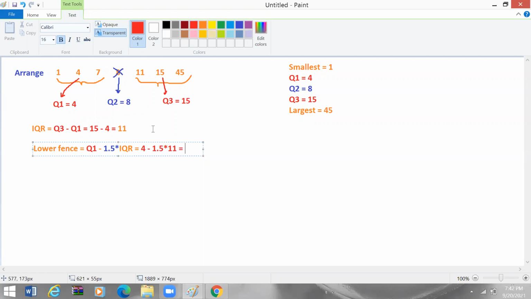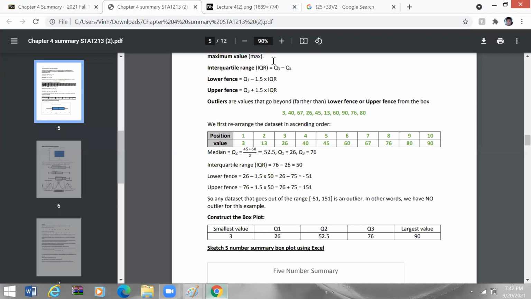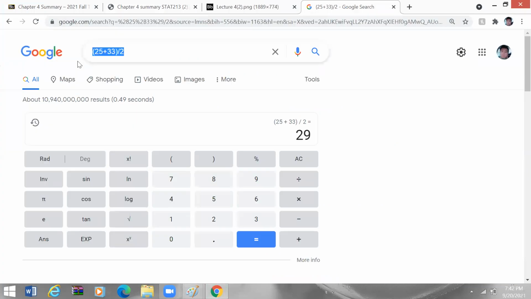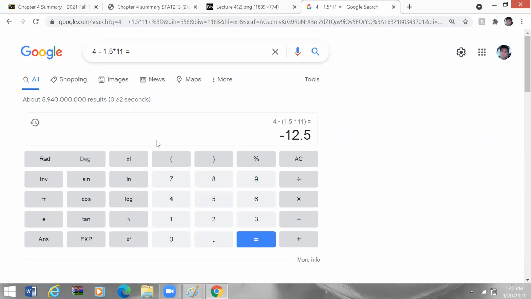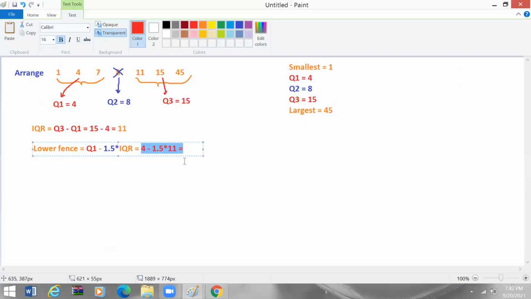These calculations, of course, are not here, so we can just use the calculator for that. We take 4 minus 1.5 times 11, and the answer is negative 12.5. Are we good?